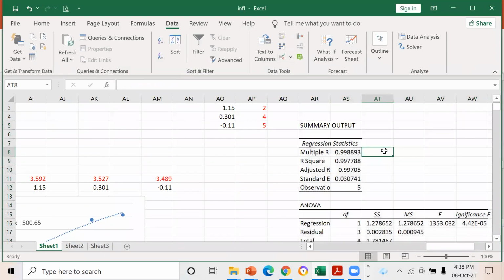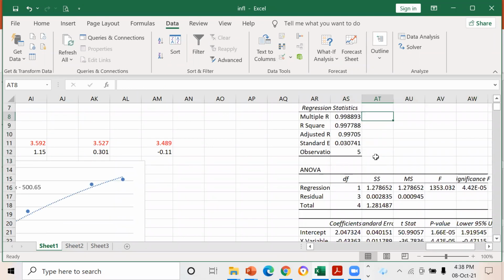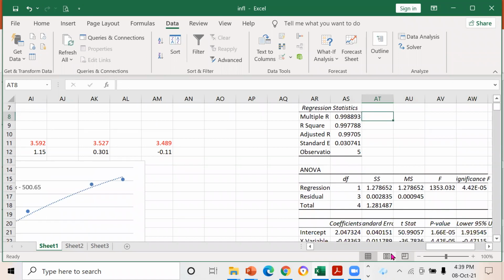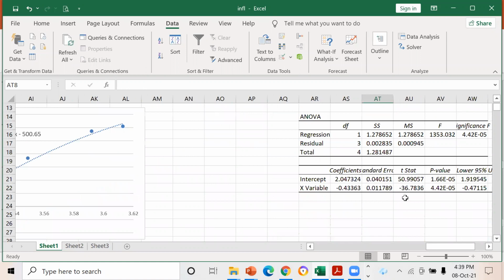So this data analysis in Excel gives a lot of statistics, which is very important for you to understand. It gives you R square, adjusted R square, standard errors. Then it gives you an idea about the ANOVA table here, statistical significance of the fitting, and then it gives you range.